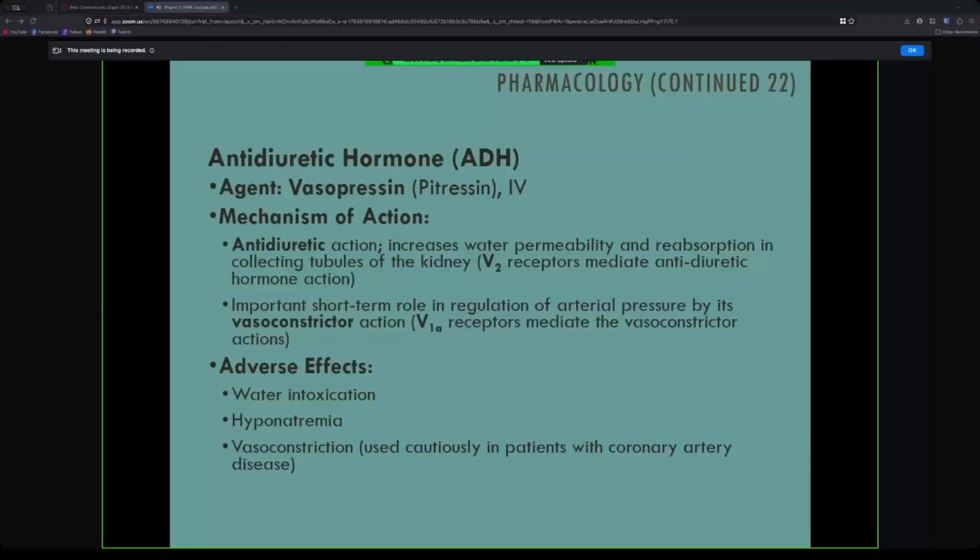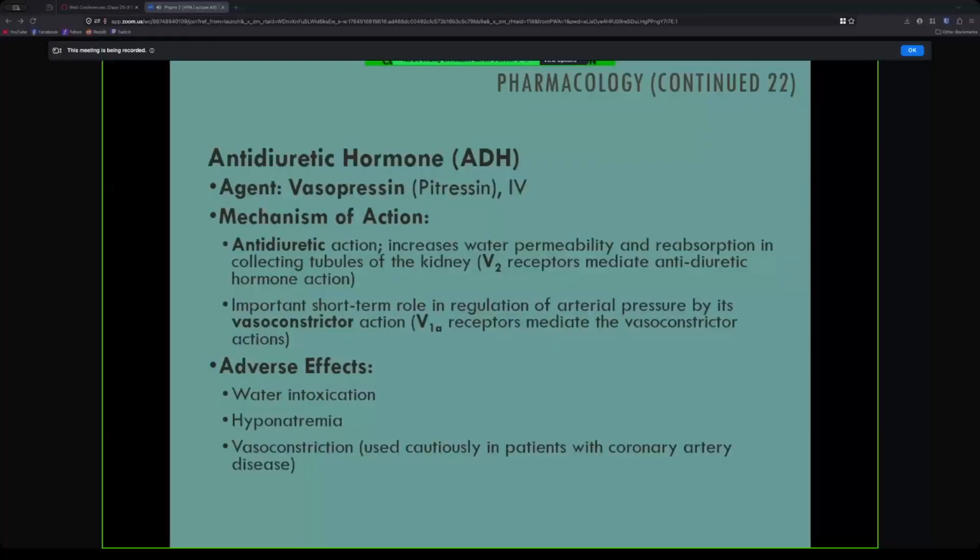So vasopressin is our agent, synthetic ADH, with activity at both V1 and V2. We talked about those two sites, what they do at the vessels, and what the actions are when ADH affects the kidneys. So vasopressin, or Pitressin, an IV medication, hits both of the end targets, both receptors: the V2 receptors in the collecting tubules, and also, as a short-acting effect, vasoconstriction at the V1 alpha receptors, which are there on the slide.